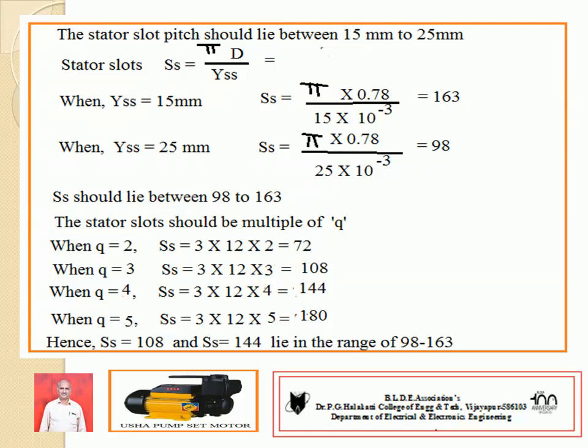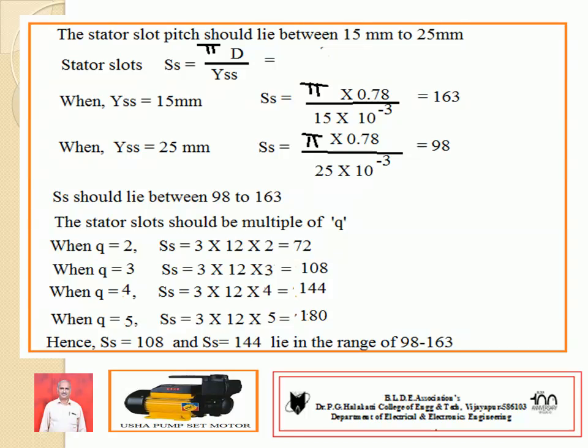Now you can see which stator slot values are eligible. Q equal to 3, we are going to get around 108, correct? Q equal to 4, again stator slots we are going to get around 144. If I go for Q equal to 5, then I am getting 180, hence 180 is not eligible and 72 is also not eligible.